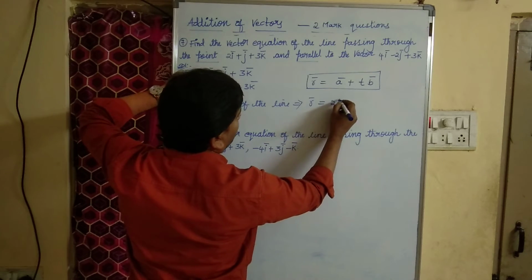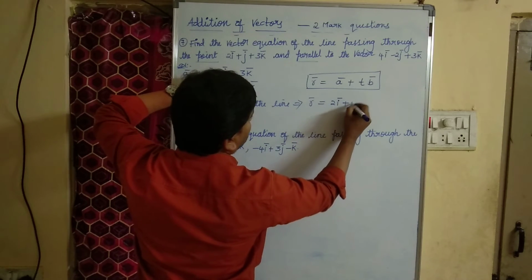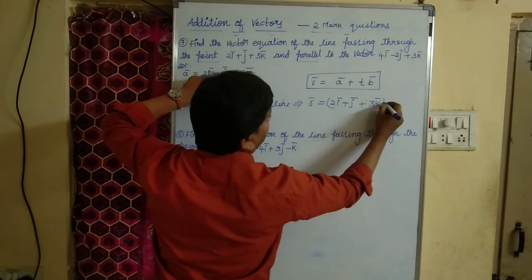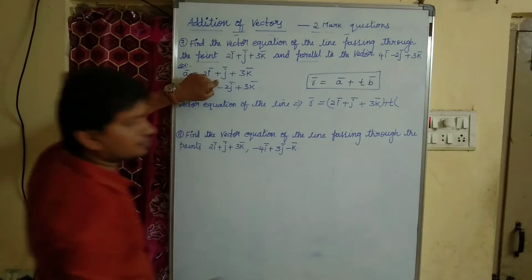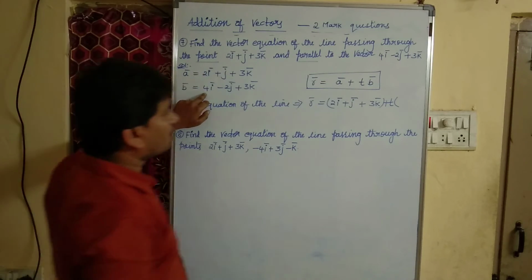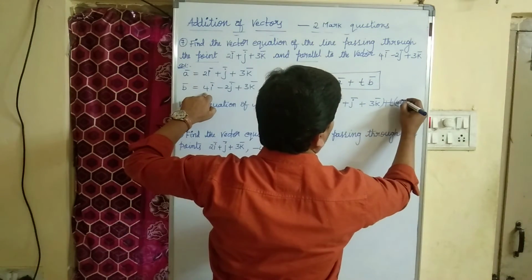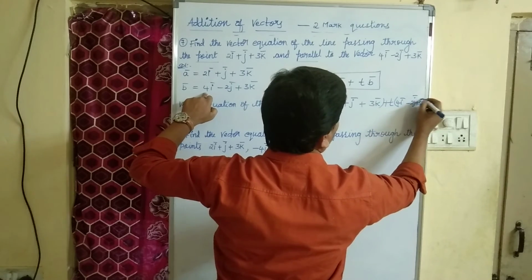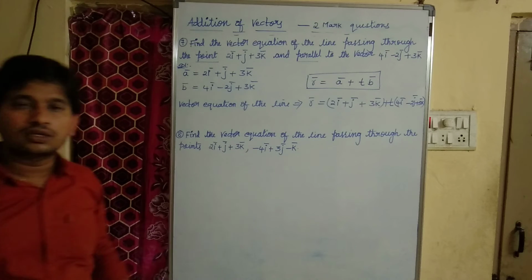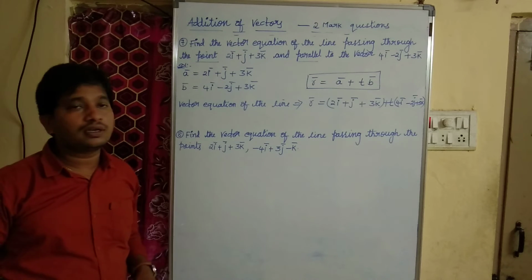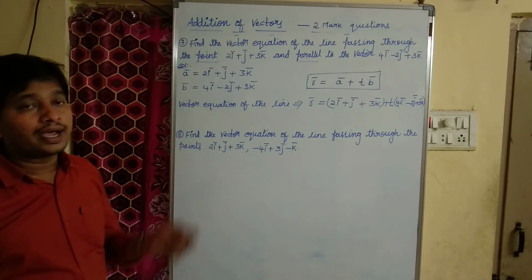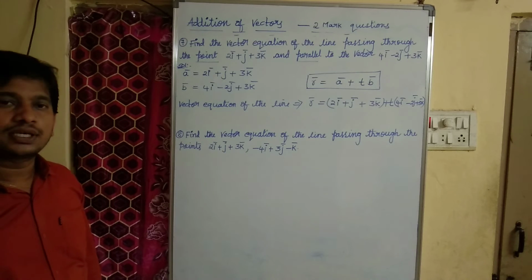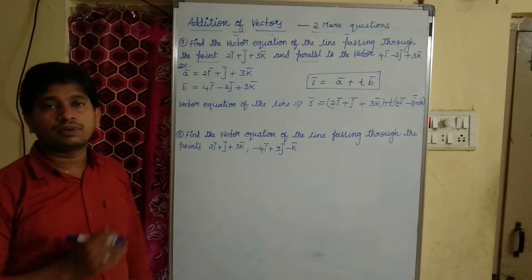A bar is 2i bar plus j bar plus 3k bar plus t into, what is b bar? B bar is 4i bar minus 2j bar plus 3k bar. That's all, children. So vector equation of line passing through the point and parallel to the vector is r bar equal to a bar plus t b bar.